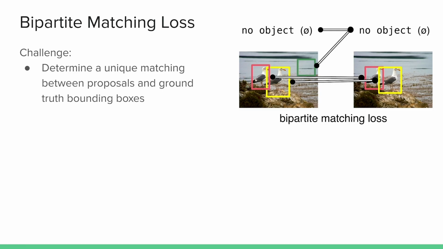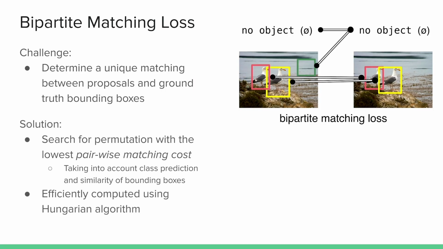Because ideally we want to have a unique assignment here, and it shouldn't depend on the order in which elements appear. So what they propose is that they search for a permutation that has the lowest pairwise matching cost. So we have 2 sets and we're trying to find the permutation of these elements that has the lowest cost.